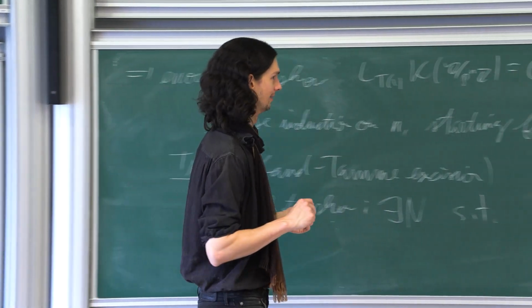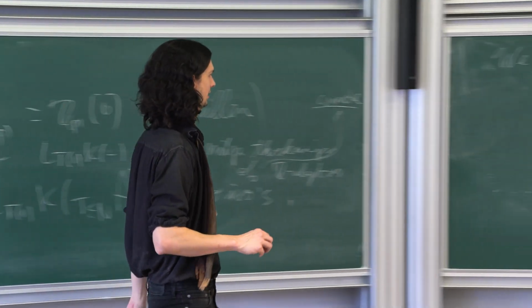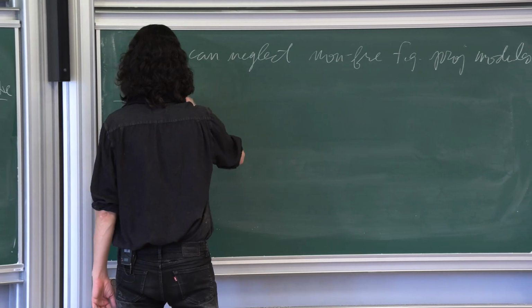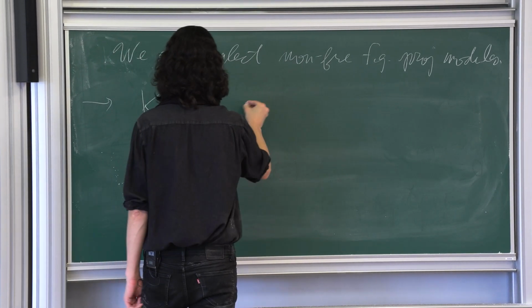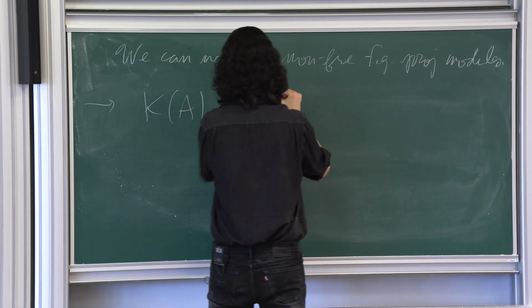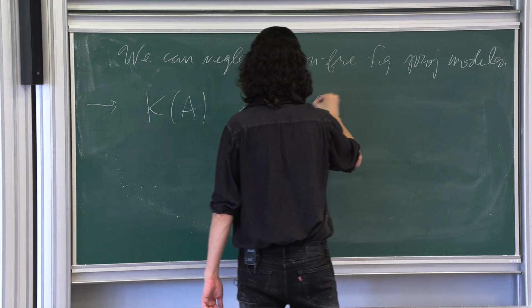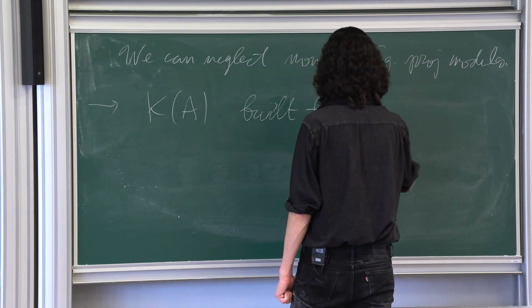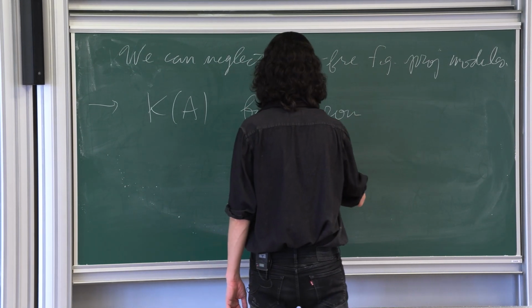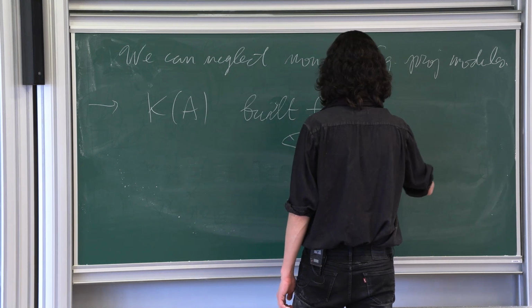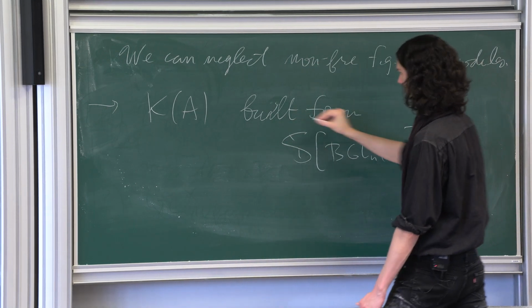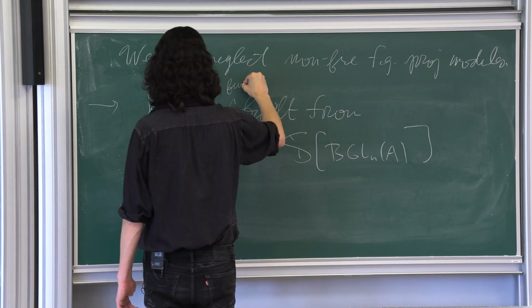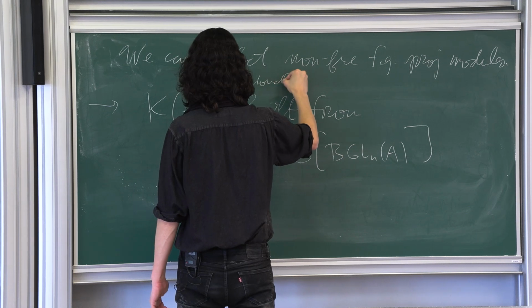So then K-theory of A, as a spectrum, is built from things like the suspension spectrum of BGL_n A, functorially.